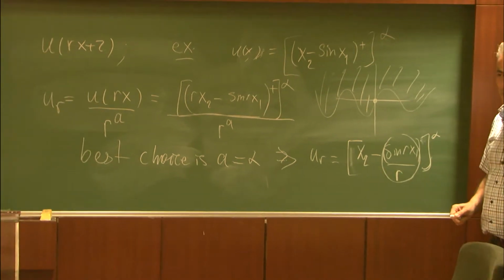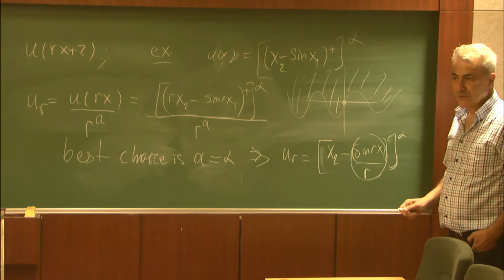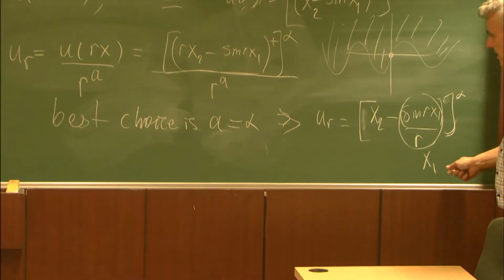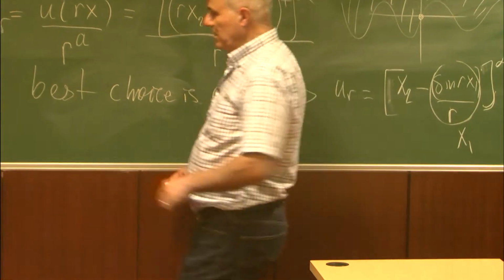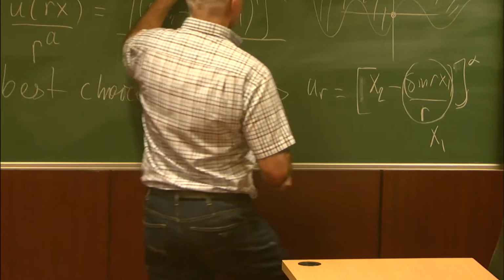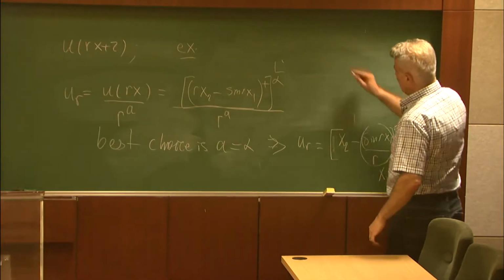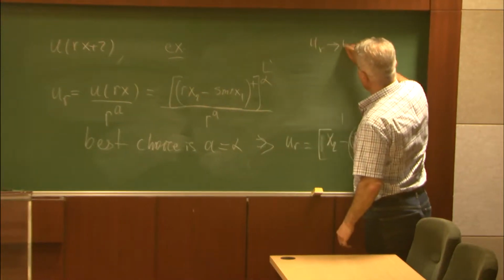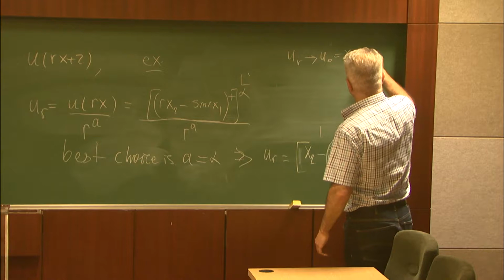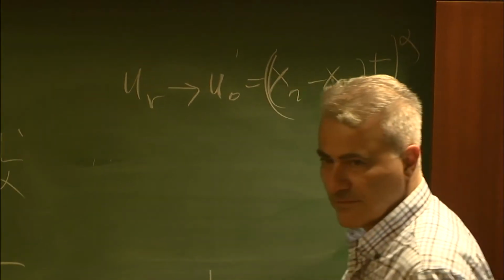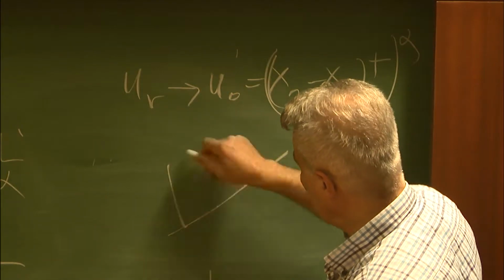What is this function going to when r goes to 0? That goes to x_1. And what you get in the limit is that u_r converges to (x_2 minus x_1) plus, also to the power alpha. And that's the actual line.